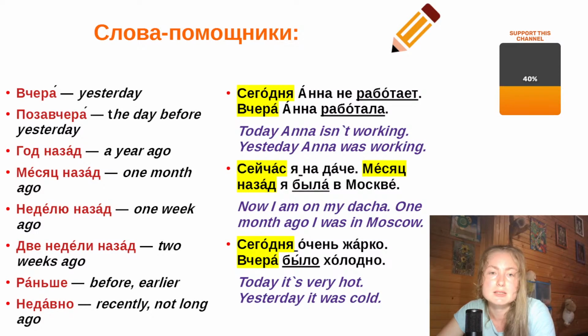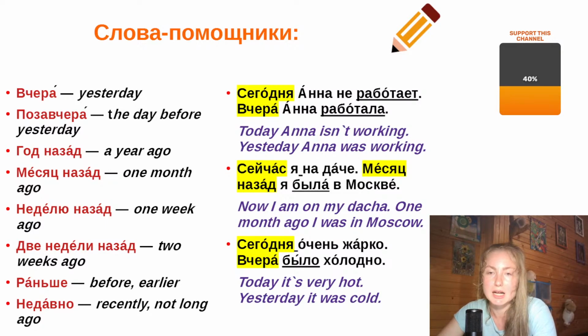Okay, next is две недели назад, two weeks ago. Why not два? Again, a very interesting question, because неделя is a feminine word. That's why with feminine words, we always use the number «две», not «два». «Два» we use with masculine or mixed-gender words. So only две недели назад.